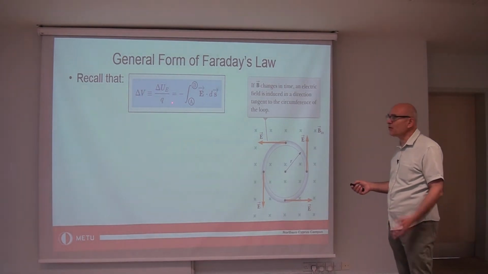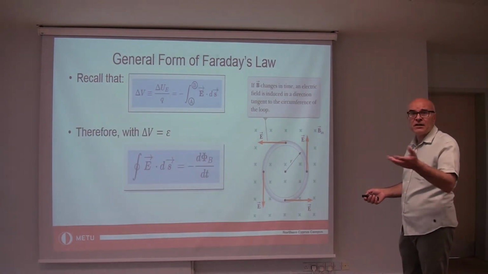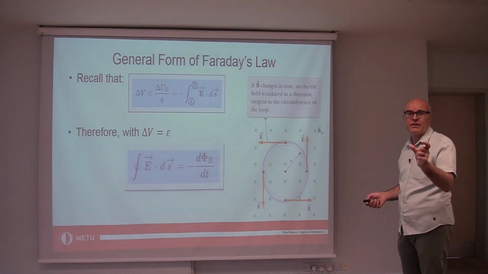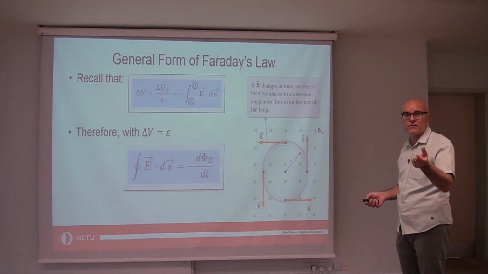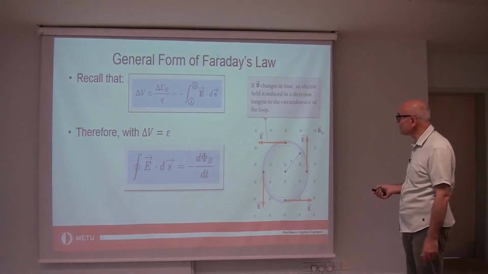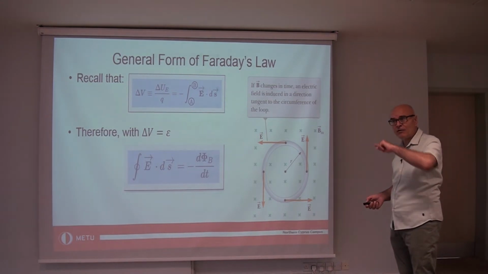This is the definition of the electric potential. Now, in our case, the potential is nothing but the electromotive force, and so I can say that in this case the electromotive force is generated when you consider a loop integral over the whole loop.